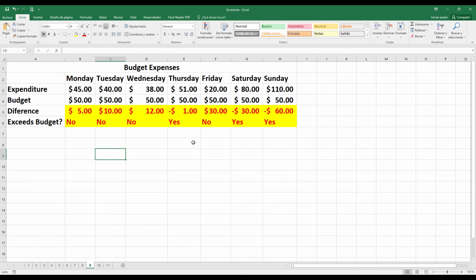Okay, you need to know that different ways exist to solve that, but I will explain the easy way, the one that I think is easiest, and then I will explain other ways.